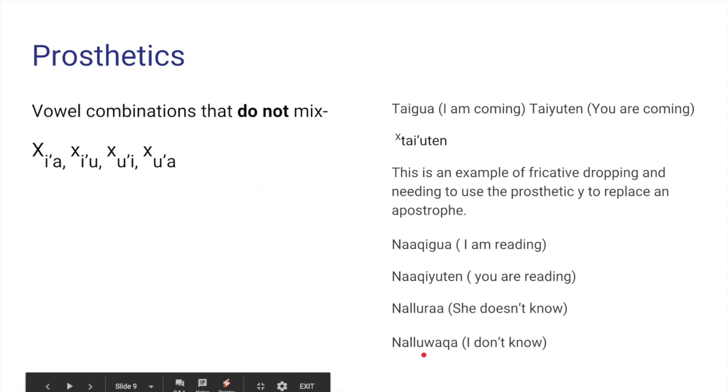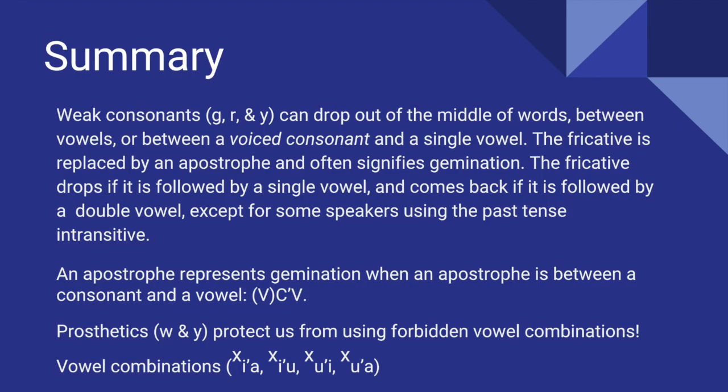So you have to add a W. Nasluwaka. It's the same sound. Uwa. Nasluwaka. But you're adding this transitional semi-consonant in to protect yourself from using that U apostrophe A. Mind-blowing, isn't it? Okay.